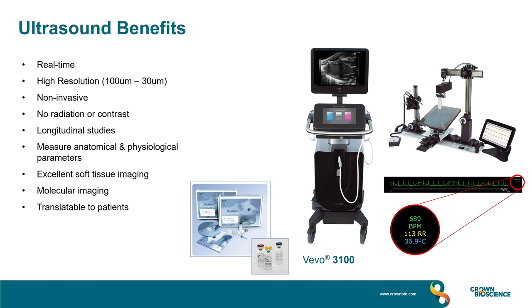This system has extremely high resolution and can provide real-time, non-invasive imaging of mouse, or rats as well. That's the largest animal we go. It doesn't require radiation or contrast agent. It can help with longitudinal studies. It measures anatomical and physiological parameters, is extremely good at soft tissue imaging and molecular imaging. The data are very translatable to patients.